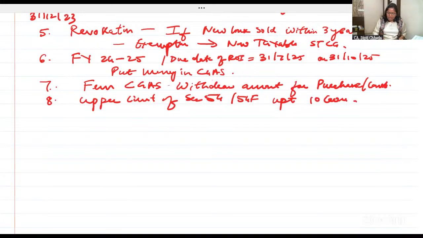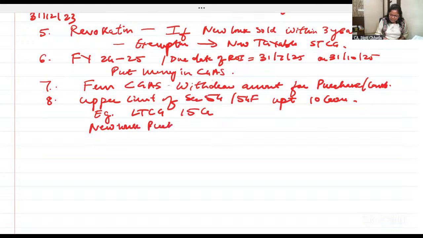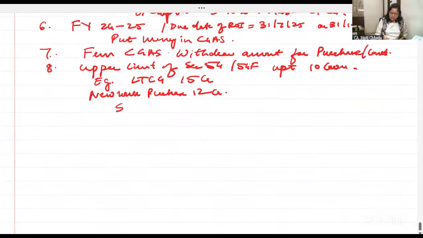Even if you buy the house, I want all of you to write in the 8th one example. Long-term capital gain 15 crore. New house purchased 12 crore. Section 54 exemption 10 crore.